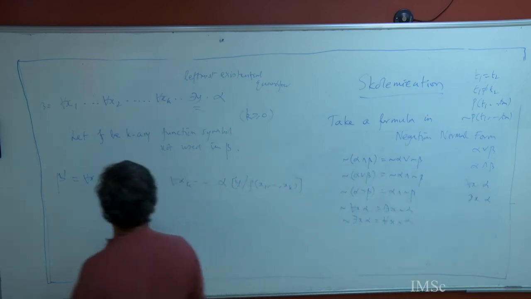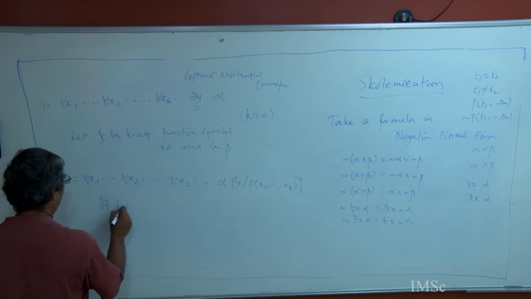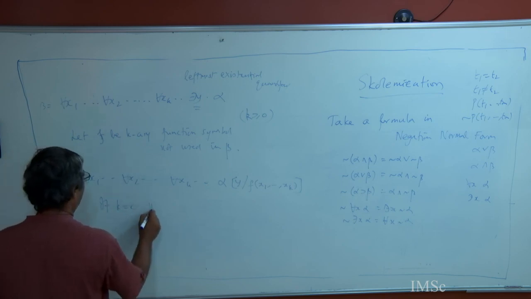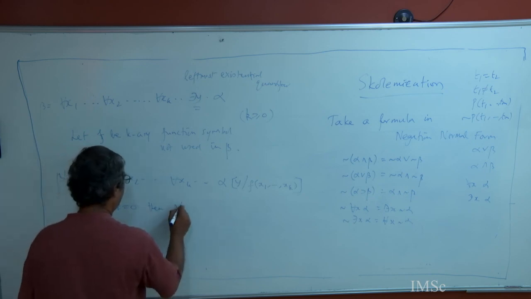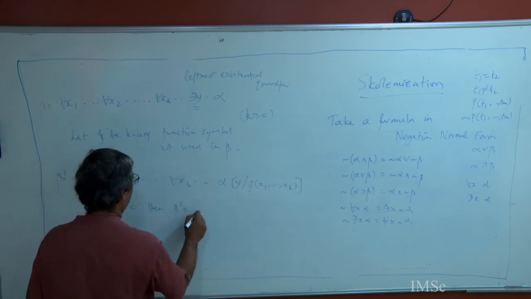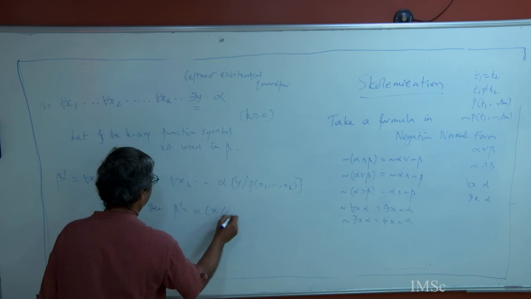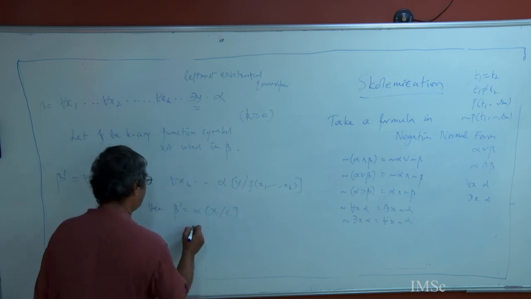So that's the idea. Now if k equals 0, then the formula beta prime that you are looking at is simply alpha with y replaced by some constant symbol c.